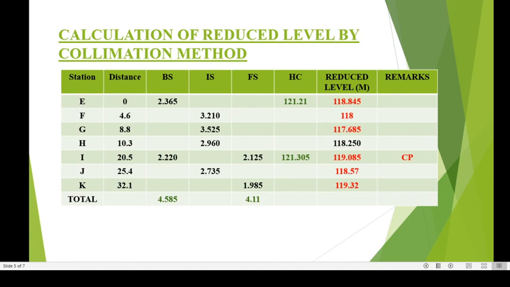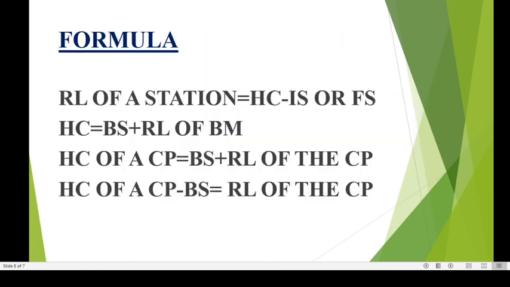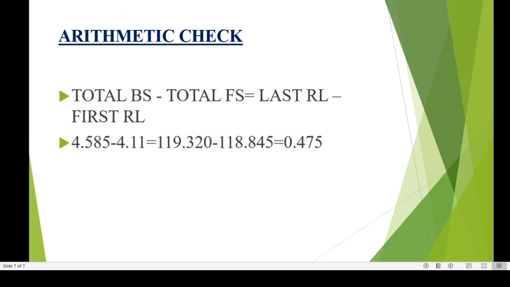Now we need to perform the arithmetic check. So we will total the BS and total FS. This is the formula which is basically followed in the calculation of height of collimation and reduced level by the collimation method. So these formulas are to be remembered.